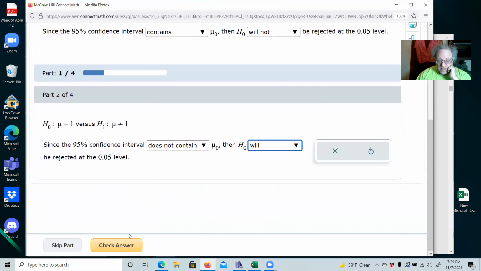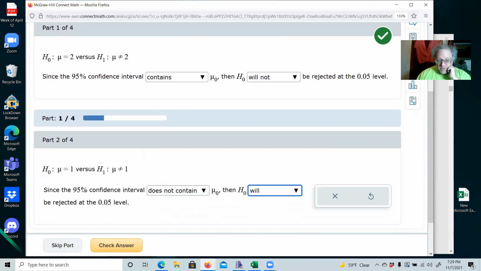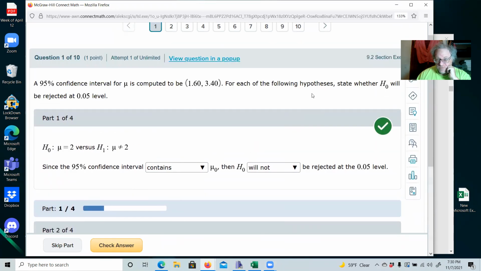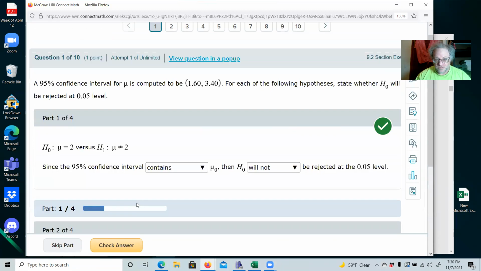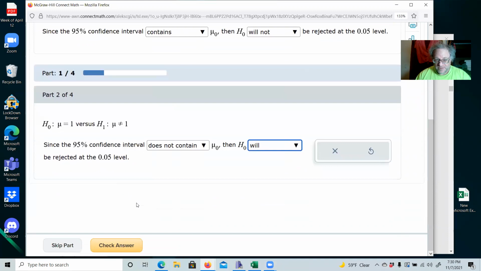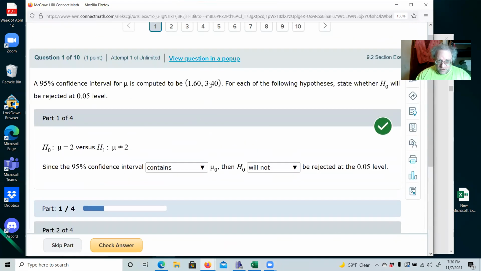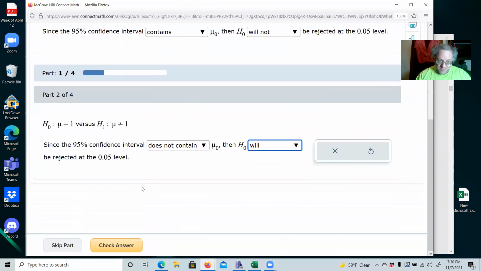Notice that these are all lining up. It would be a lot harder to say if we had a 90% confidence interval versus a 95%, and I don't want to put anybody in that position without more numbers to calculate these things. But in this case, we are clearly far enough away from 1 to say that 1 is not in the interval.